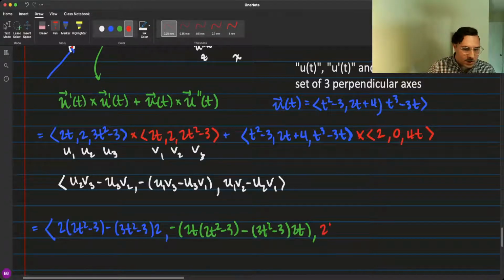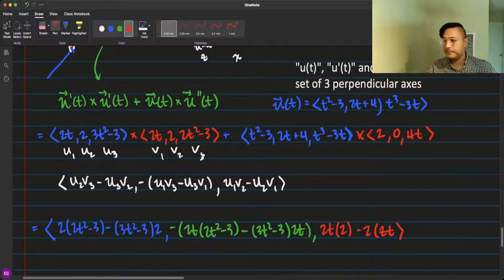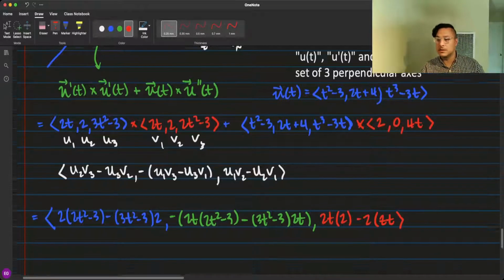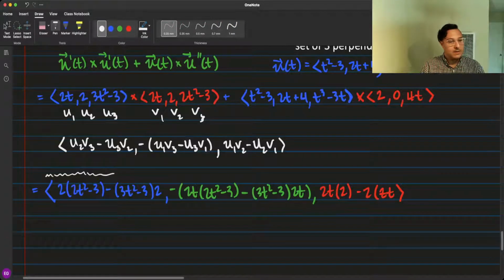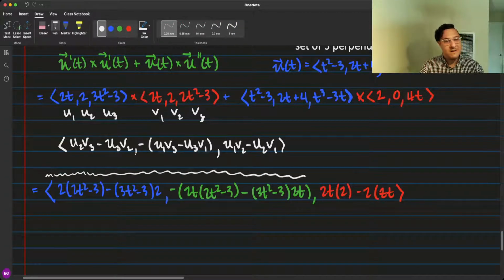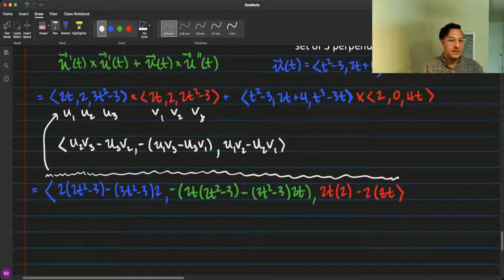U1 is 2t, so you get 2t times V2, which is 2, minus U2, which is 2, times V1, which is 2t. Holy crap, this is so long. Okay, so all of this came from calculating that cross product.